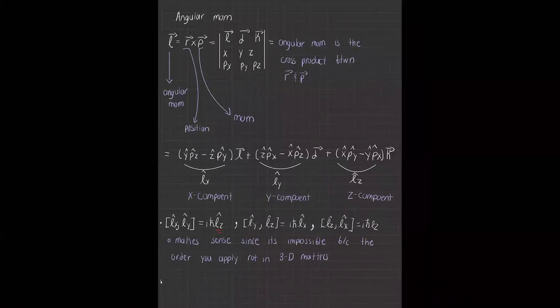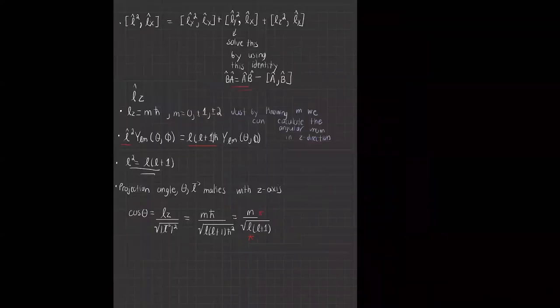And then from here, we would find that this is going to be equal to, okay, let's see. This is going to be equal to L. Oh, wait. I did this correctly. Oh, yeah, now I remember.